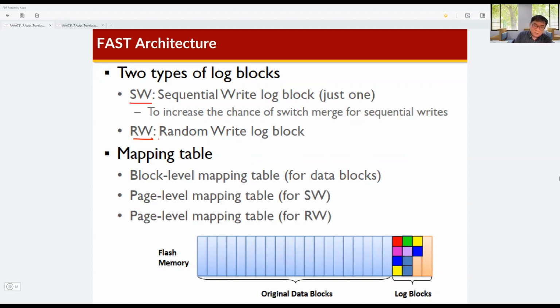With this sequential write log block, we can apply the switch merging. That means the pages are written sequentially, then we can just replace this block with another data block. Okay.